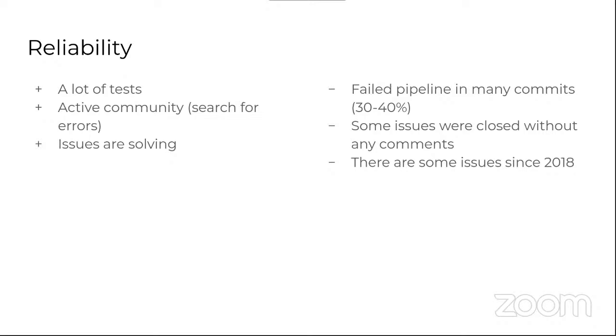So I definitely think you have some problems with the pipeline. Also, some issues were closed without any comments, and some issues date from 2018, and now it's 2021. So I don't know.